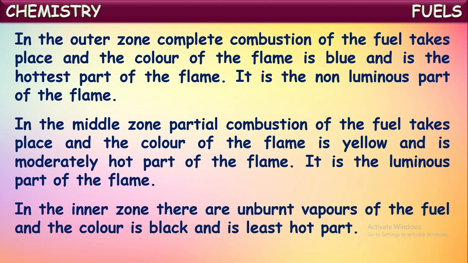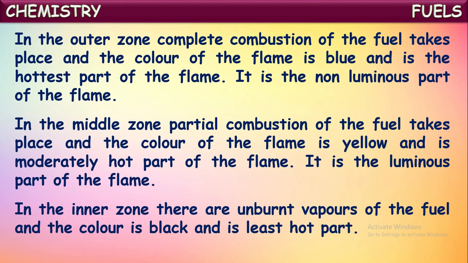There the color of the flame is yellow, and it is moderately hot because partial combustion is going on, and it is a luminous part of the flame. Whereas in the innermost zone, there are unburnt vapors of the fuel because no burning is happening there, as there is no supply of air to it, and hence the color of the flame will be black, and it is the least hot part in the overall flame.